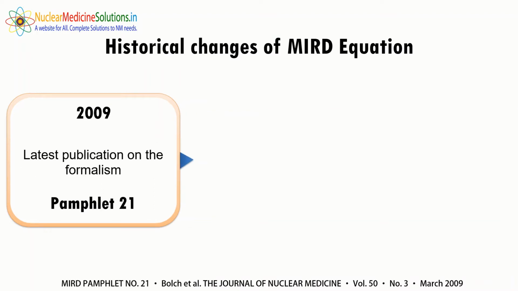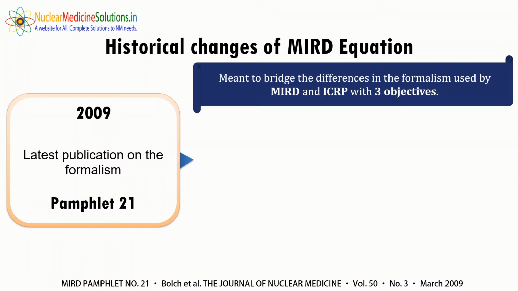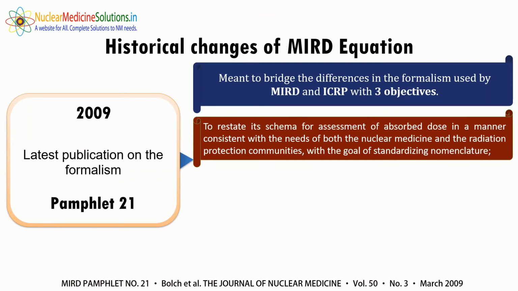In 2009 came the latest publication of the formalism, which was published to bridge the differences in the formalism used by MIRD and ICRP, with three objectives. The first was to restate its schema for assessment of absorbed dose in a manner consistent with the needs of both the nuclear medicine and the radiation protection communities, with the goal to standardize nomenclatures.